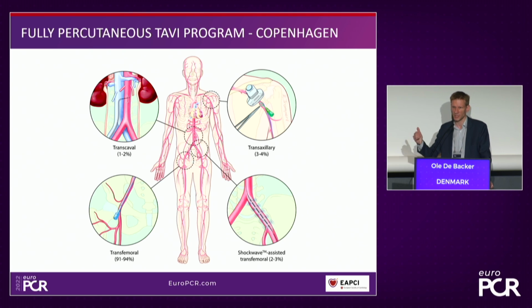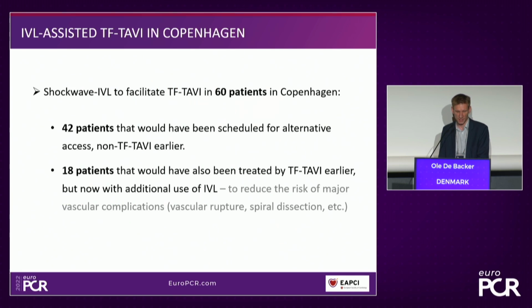That makes that we can do our whole TAVI program of more than 400 cases by 97% transfemoral. Then we do 3% percutaneous transaxillary, and then it's very few cases we only need for transcaval. So you see, you can do your whole program without refusing any patients fully percutaneous. So that's nice, I think.